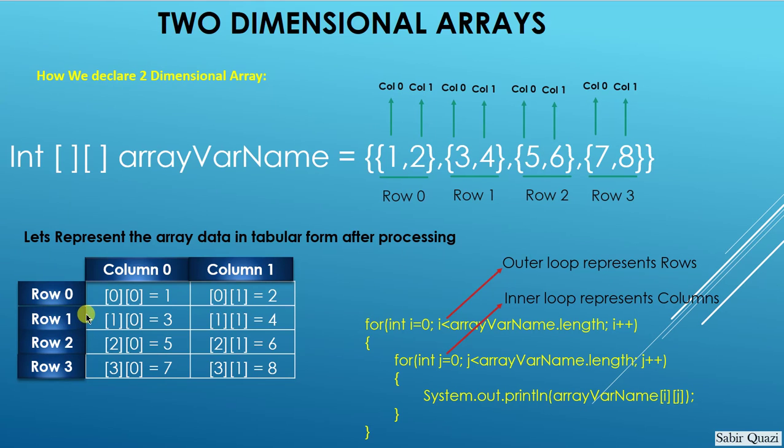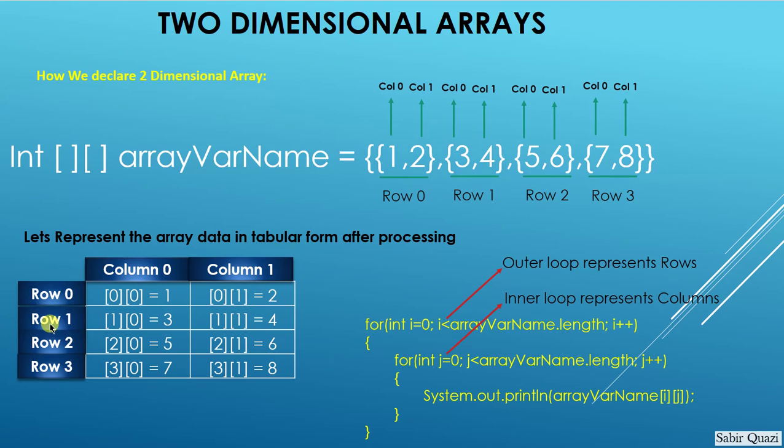We have processed row number 0 with the help of the outer loop. I'm just giving the idea of how we process the two-dimensional array. In the second part of this tutorial, we will actually write programs using these outer and inner loops to process the two-dimensional array. It will be fun.